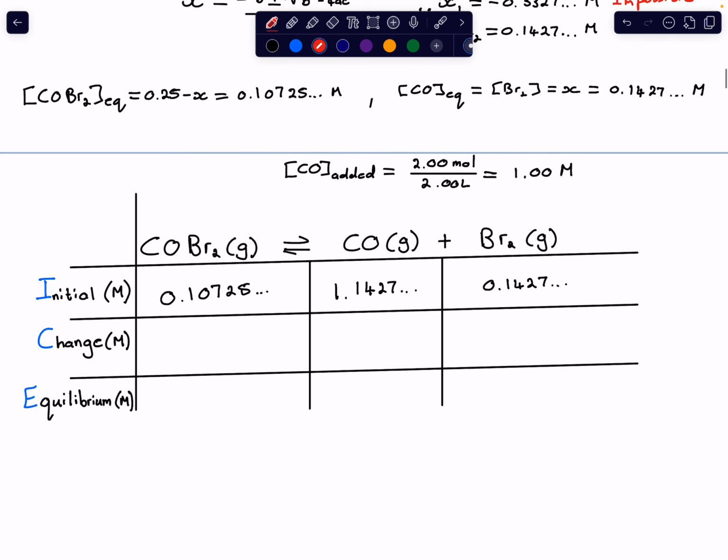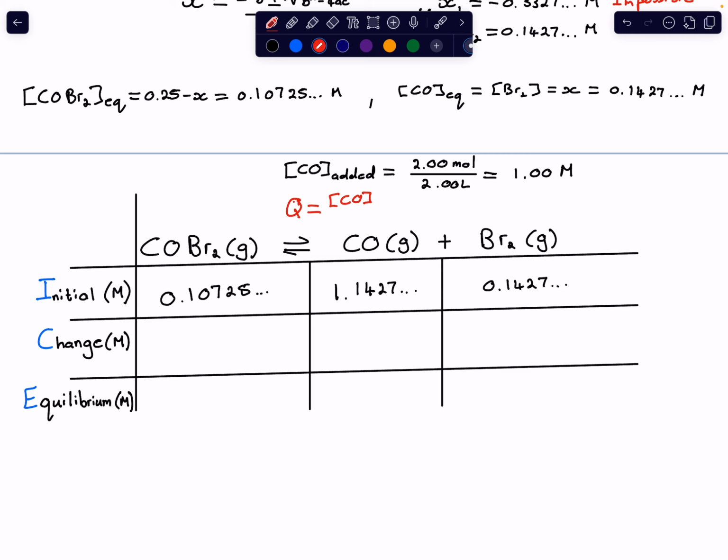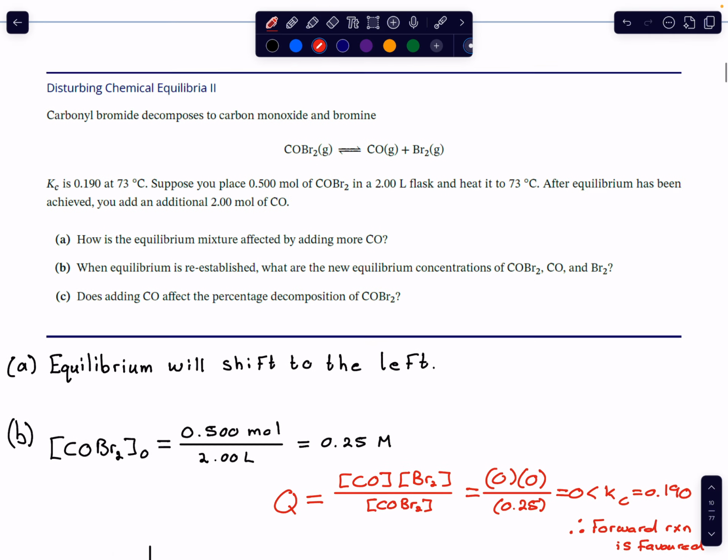So hence again, we need to test the Q. So Q is equal to CO times Br2 divided by COBr2, and we use these new initial concentrations: 1.1427 with 0.1427, and the COBr2 is 0.10725, and I got here a value of 1.52, etc. And if we compare that to Kc, Kc is 0.19.